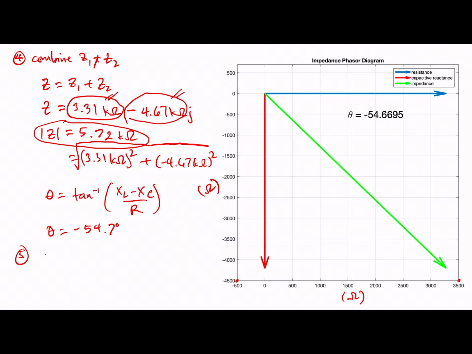The current here in this case will be V sub S divided by the absolute value of Z. So this is 10 volts divided by 5.72 kilo ohms, which is about 1.7 milliamperes.